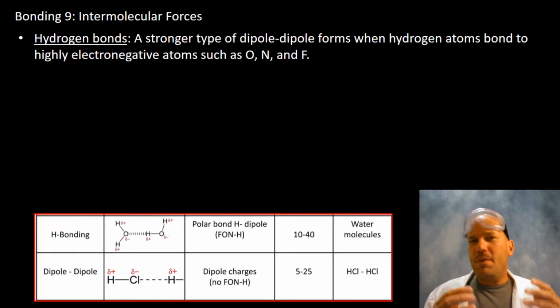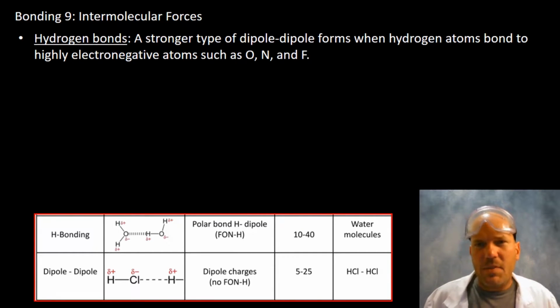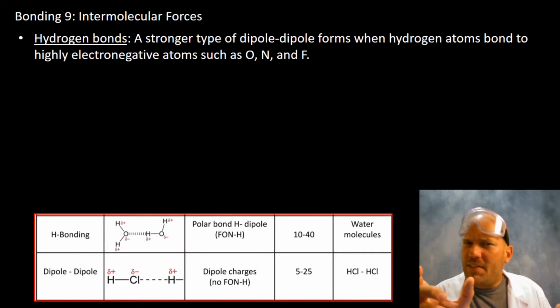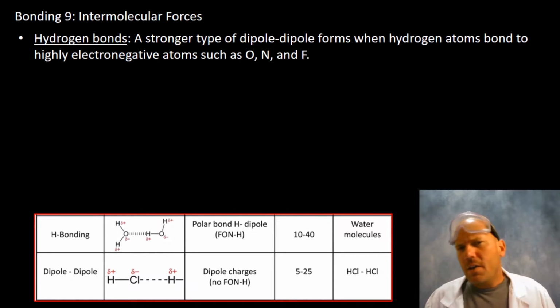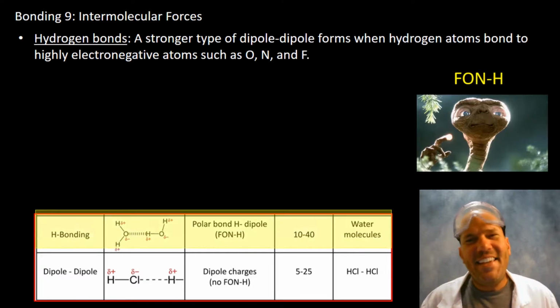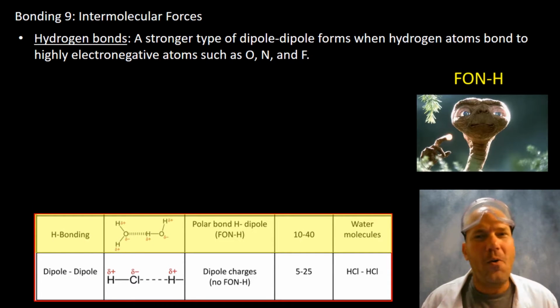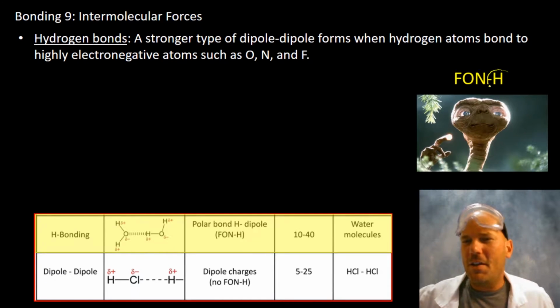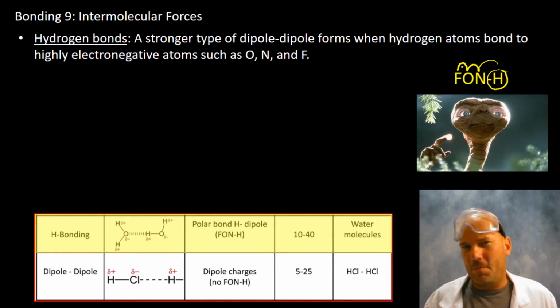And they form between hydrogen atoms and three highly electronegative species: oxygen, nitrogen, and fluorine. Now, there's a little way for you to remember this, and that is ET, phone home. Okay, so phone home occurs when a hydrogen is bonded to either a nitrogen, an oxygen, or a fluorine.